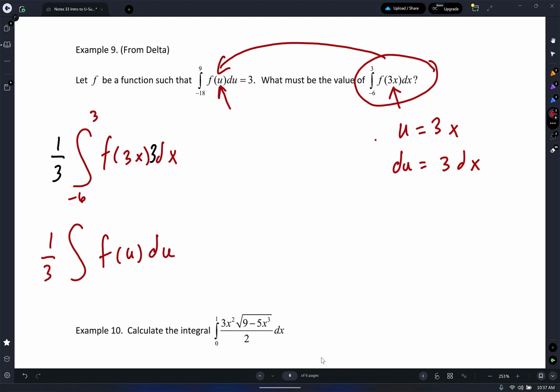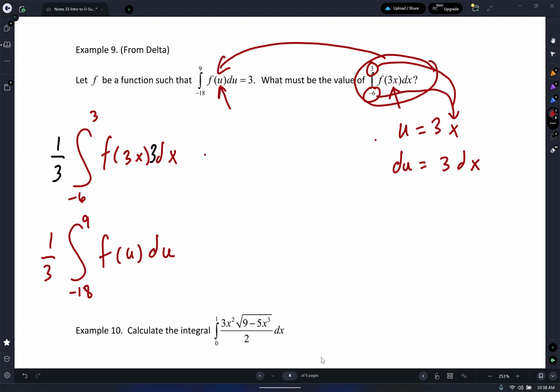There's my du. Now let's talk about my limits. I had a -6, but that's in terms of x. If I plug it in here, what is 3 times -6? -18. What is 3 times 3? 9. Look at that. So they want to know what this expression equals.